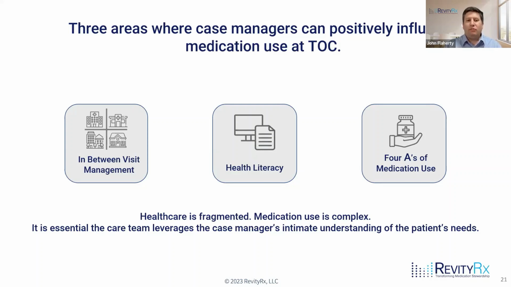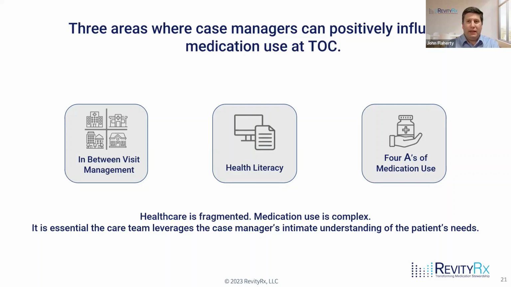And as we have written on the bottom of the slide here, we know that healthcare is fragmented, and we also know that medication use is complex. What Donna showed early in our presentation about the number of patients taking medications on a regular basis for either an episodic or chronic condition is very high. And then we saw that as patients take a greater number of medications, 51% of them begin to not even take the medications at all.